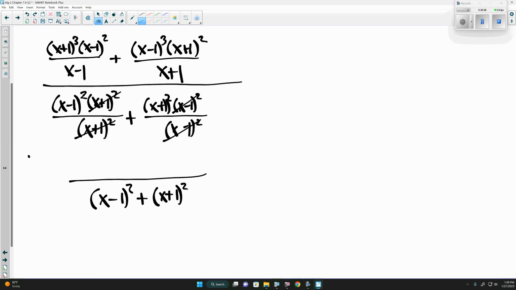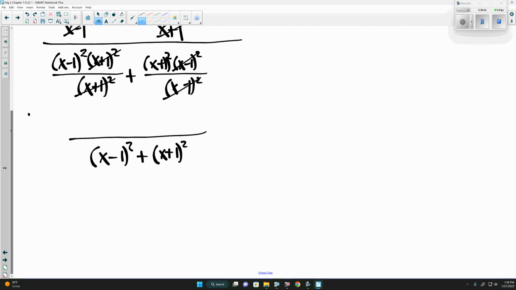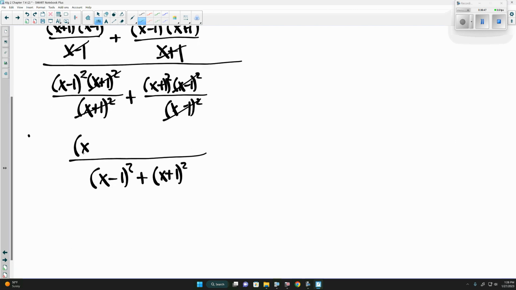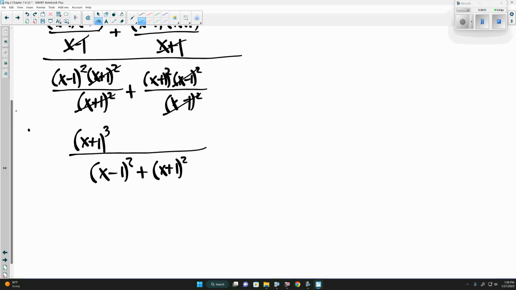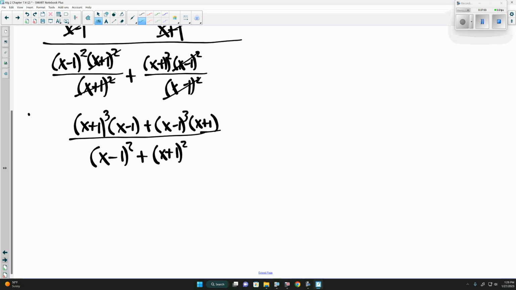In the numerator, x minus 1 will cancel out with one of those, x plus 1 will cancel out with one of those, which leaves us with x plus 1 cubed times x minus 1, plus x minus 1 cubed times x plus 1. Kind of makes sense so far? Yes?